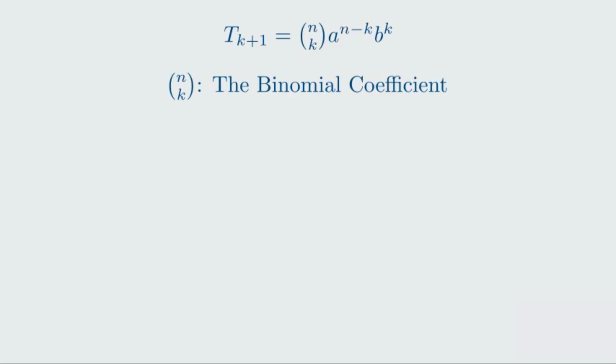You can calculate it using the factorial formula. n choose k equals n factorial divided by k factorial times n minus k factorial. Don't worry, the formula will be provided. This coefficient is the number that comes before the variables in our term. It's the number we are trying to find in this problem.